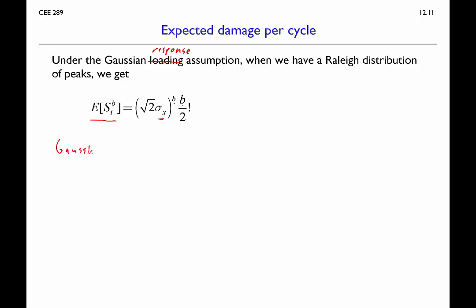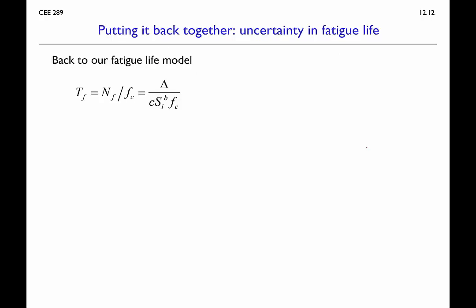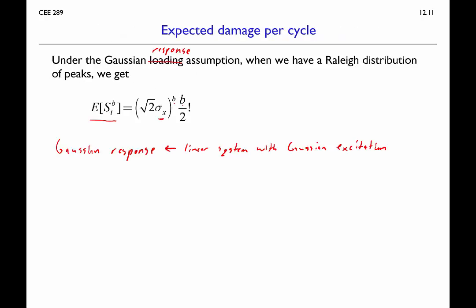So Gaussian response is going to come from a linear system with Gaussian excitation. And so that's a situation that arises reasonably often.